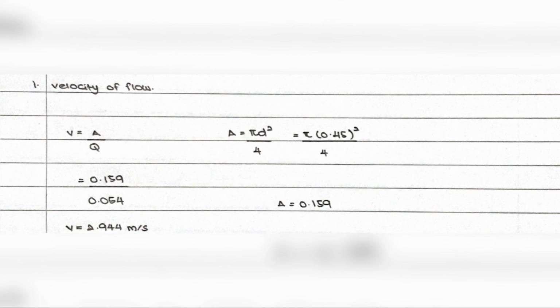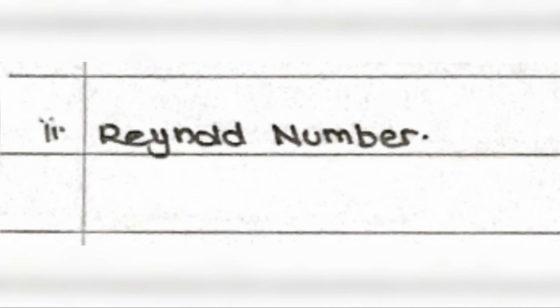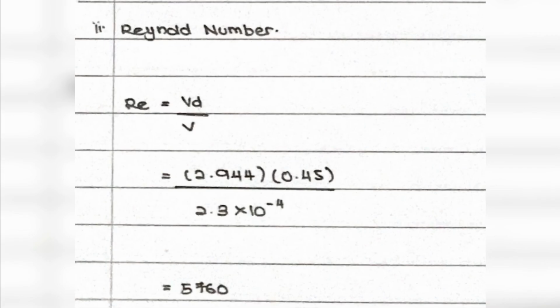Jumlah velocity ialah 2.944 m per s. Soalan kedua ialah mencari Reynolds number. Formula untuk mencari Reynolds number ialah velocity darab dengan diameter bahagi dengan kinematic viscosity.